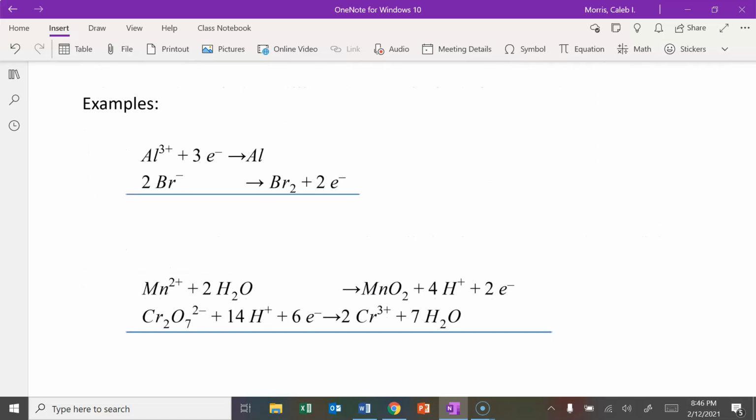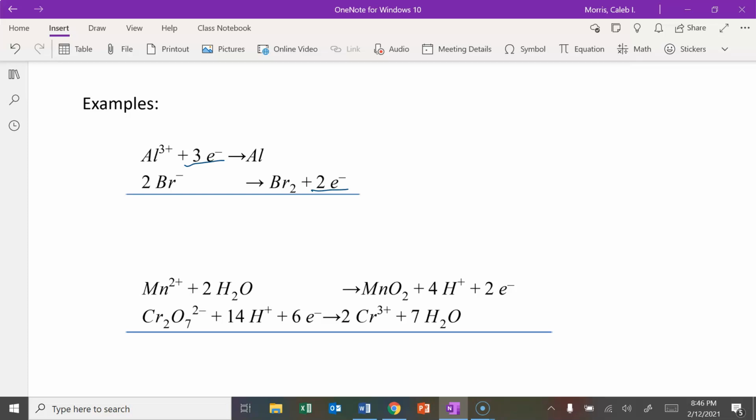Our first example, I have aluminum with a 3+ charge plus 3 electrons. I already put the electrons in there for you, and it's going to give us aluminum. And then the next example, we've got 2 bromide ions turning into Br2 and 2 electrons. Well, I notice my electrons, I've got 3 here and I've got 2 here.